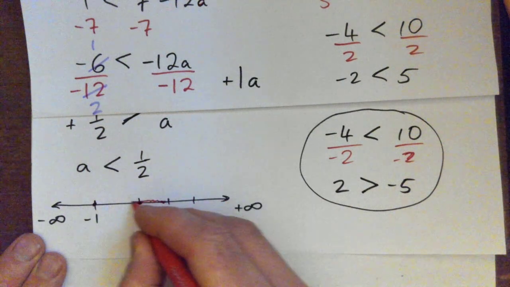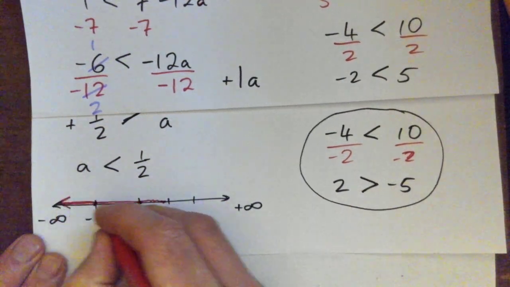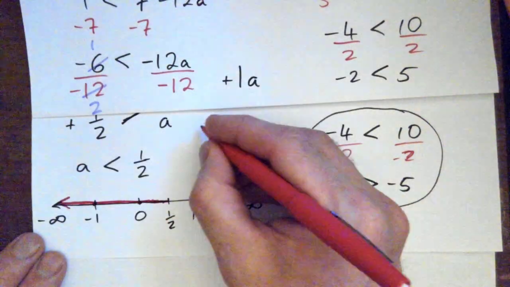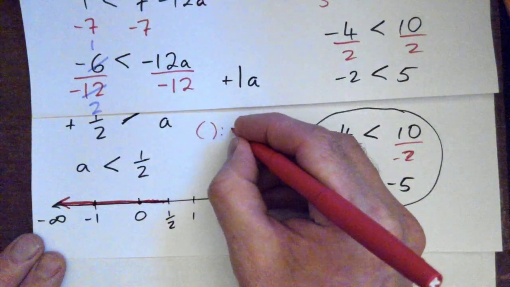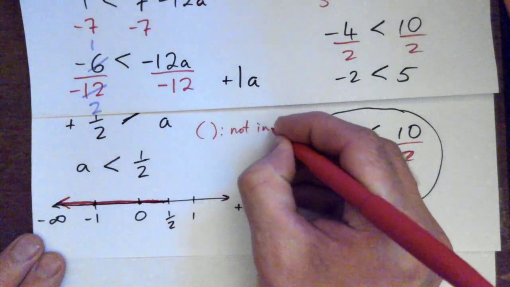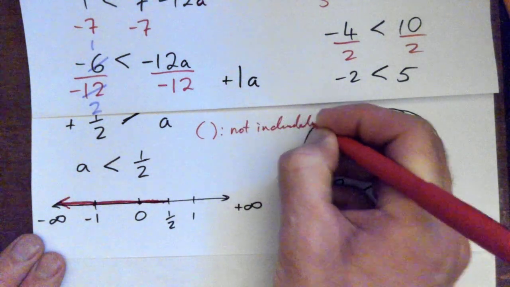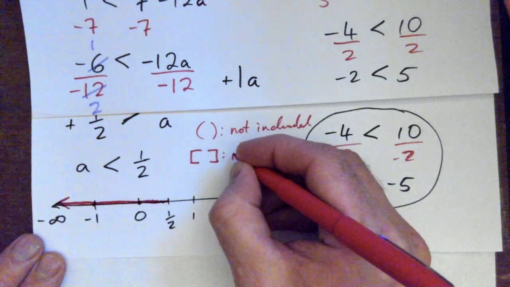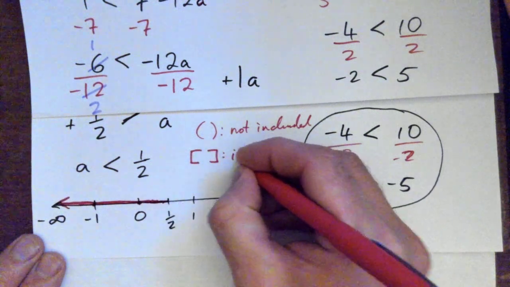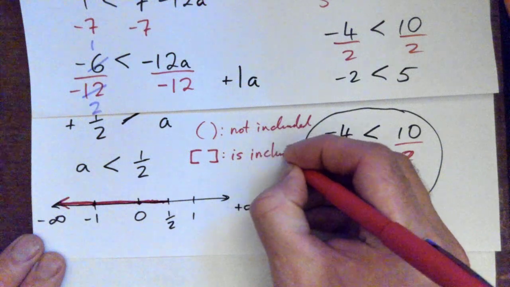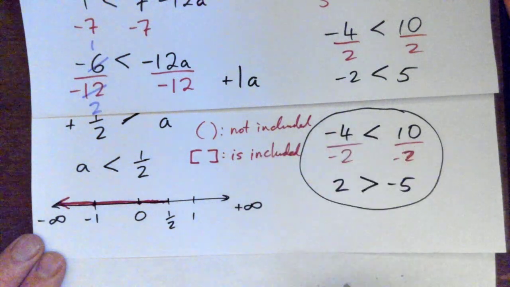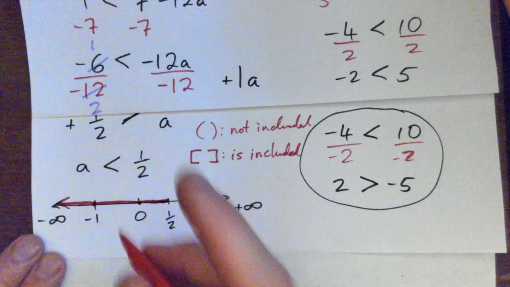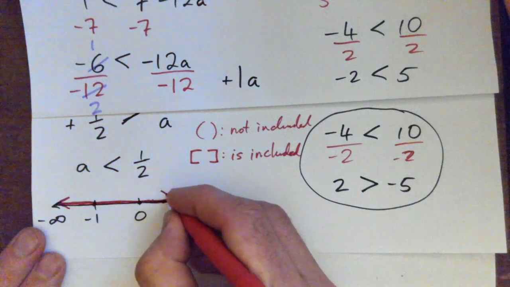So all of these are represented by a. Okay. Reminder, parentheses mean not included in the solution. Square brackets mean included. Okay, so less than a half is not included, so we use parenthesis there.